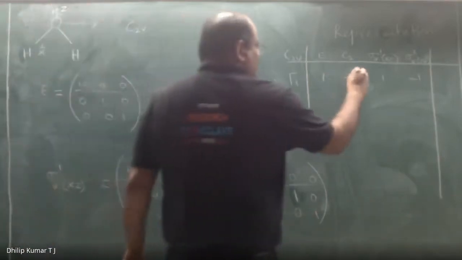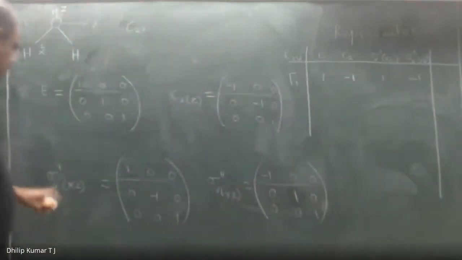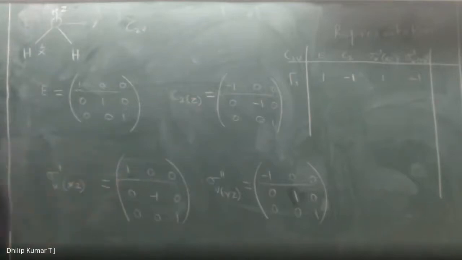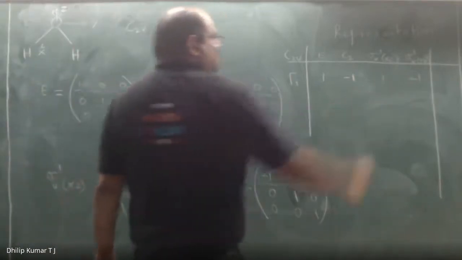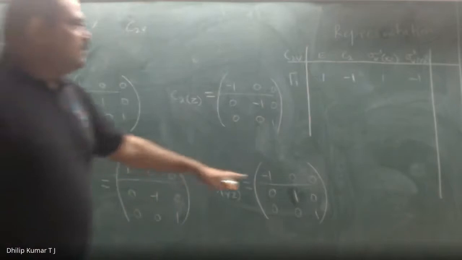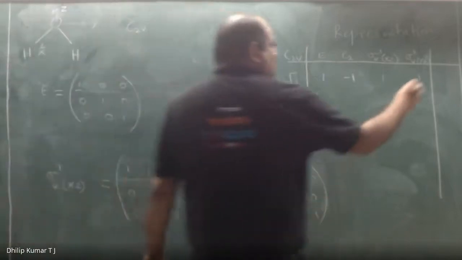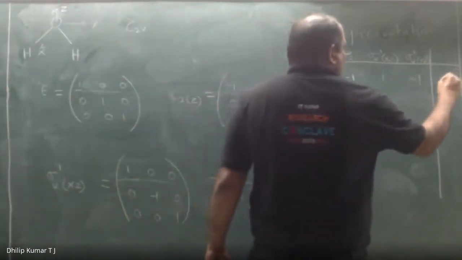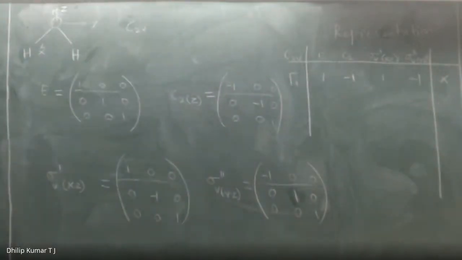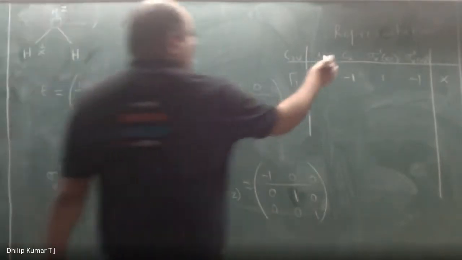Then for sigma v prime, you can see it is again positive 1, and sigma v double prime is -1. So this column is for the x-axis. This is the representation: 1, -1, 1, and -1 for these symmetry operations.